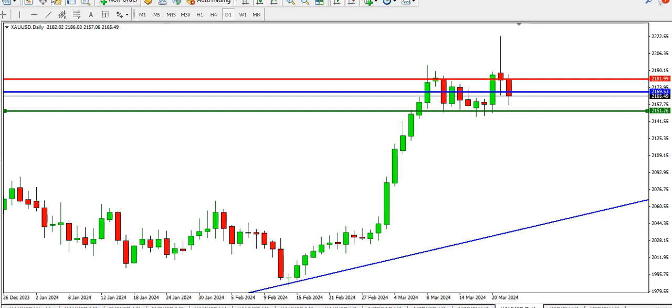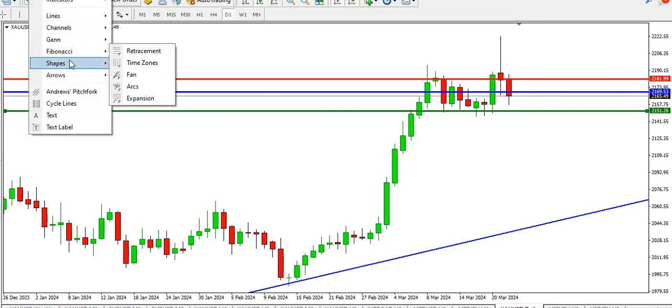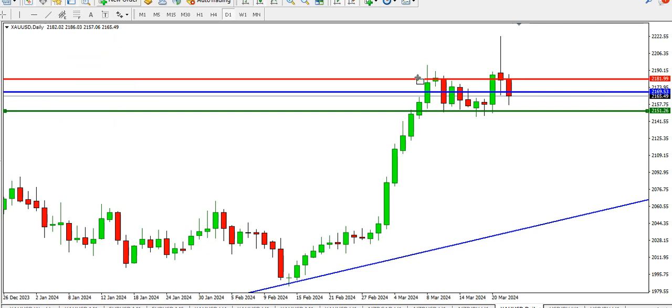We also have this range within a range. This is another range within the much wider range. Price could move between this particular range for us to have a head and shoulder pattern.